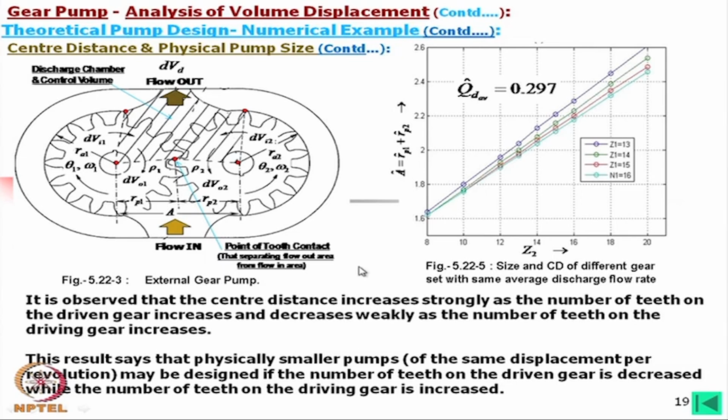So, if we make the driven gear small and the driving gear big, the size of the gear pump will be smaller, but I would say this is not much. Still, for the sake of optimization, the size will be small. However, we are not considering what really happens to the noise and dynamics.